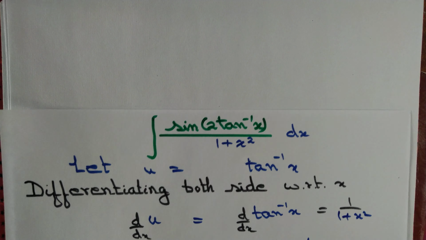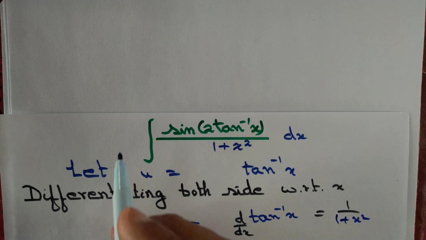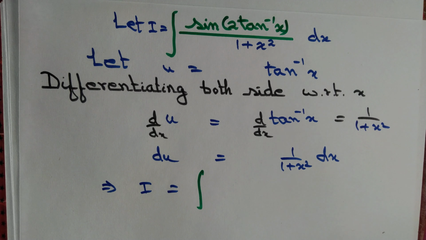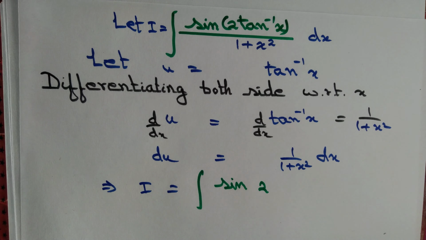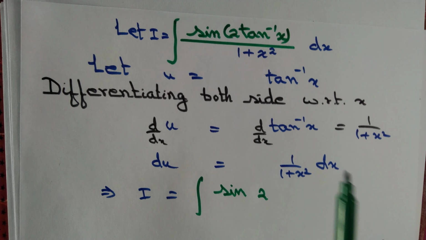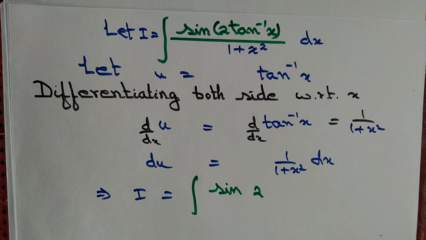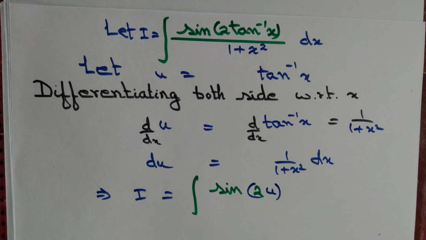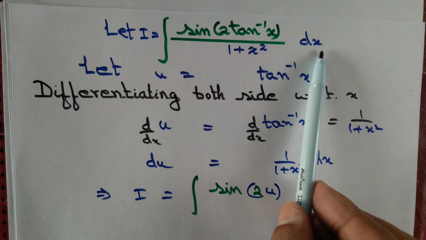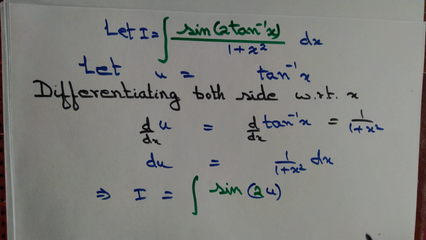So we can write du equal to 1 by 1 plus x square dx. Once again we assume this integral to be equal to I. Let I equal to this integral, and so we can say that I equal to integral of sine of 2 times, you got u equal to tan inverse of x, so 2u. Okay, a much simpler expression. And what about 1 by 1 plus x squared dx? That's just du.